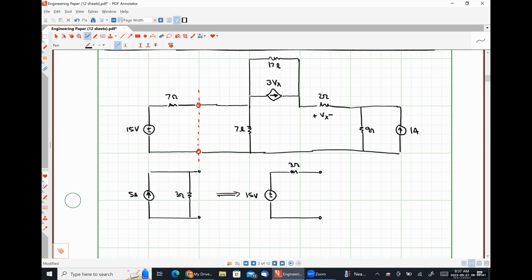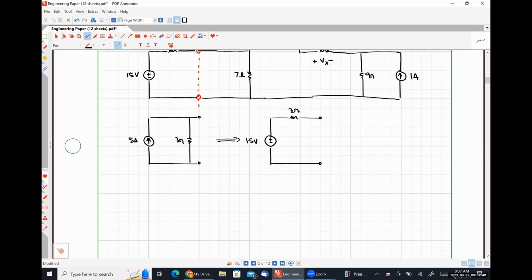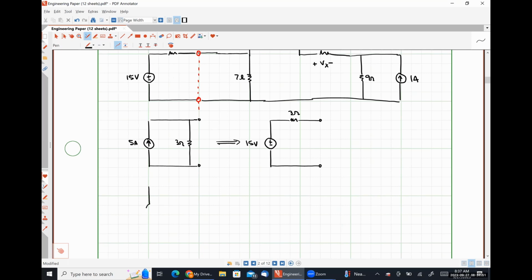Now, let's do another source transformation on that practical voltage source on the left, okay? So 15 volts in series with 7 ohms is going to look like what? So 15 over 7 amps. What should the direction of my current source be? Up, okay.